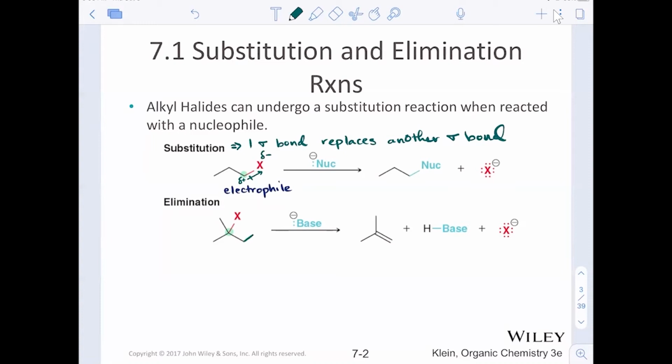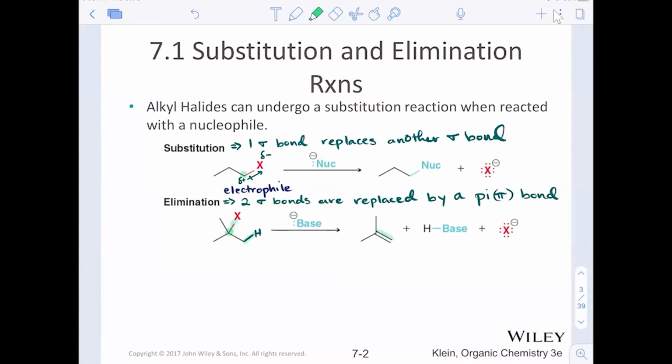Notice that what we have going on in this reaction, elimination by definition, is two sigma bonds are replaced. So they are broken, and what forms is a pi bond. What we're noticing here is that these are the two sigma bonds.